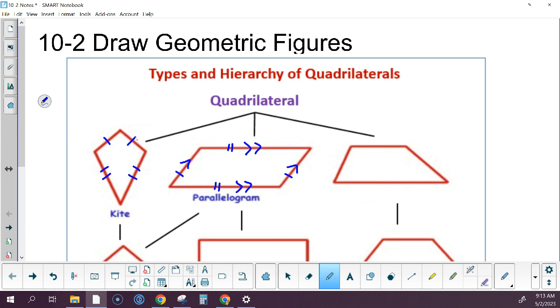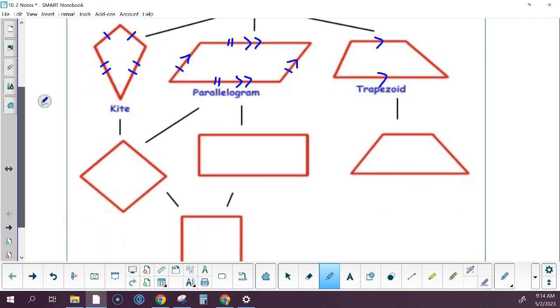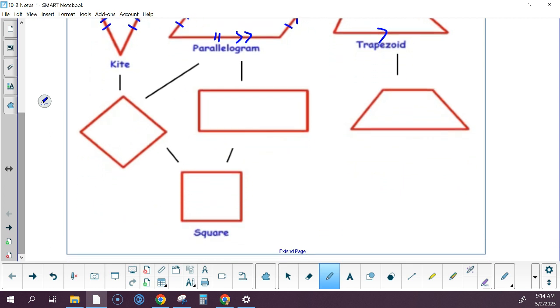And then moving off to the right, here we just have one set of parallel sides. None of these are actually congruent, just one set of parallel lines. That is called a trapezoid. All right, so those are our first three.